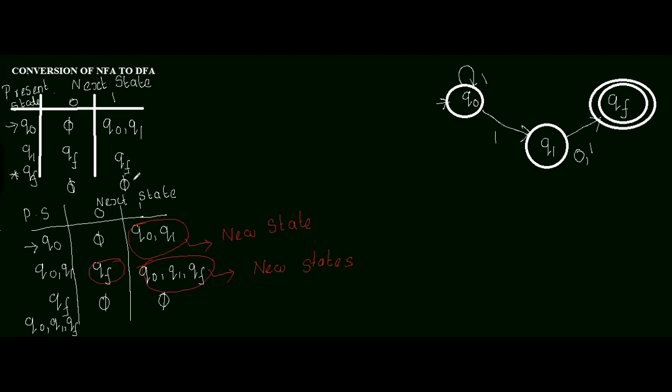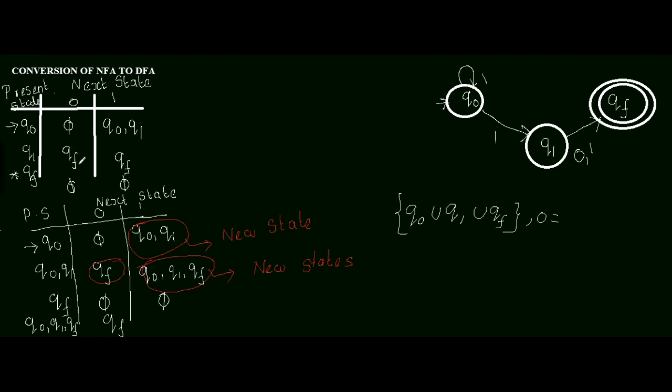Now we are going to write the union for Q0, union Q1 and union QF if the input is 0. So it will be QF, because if the input is 0, for Q0 the next state is empty, for Q1 the next state is QF, and for QF the next state is empty.